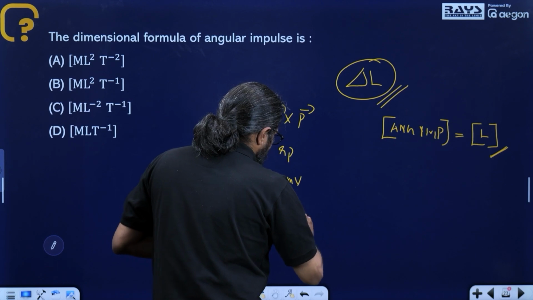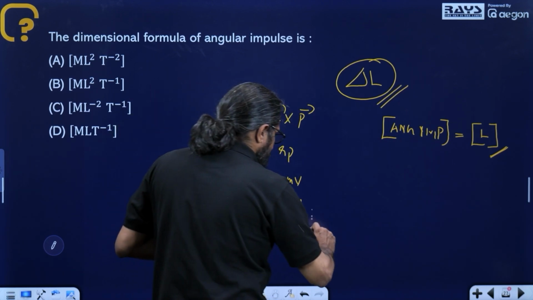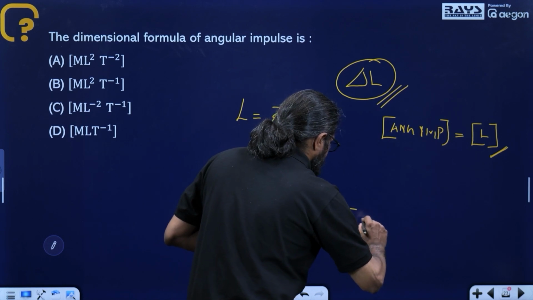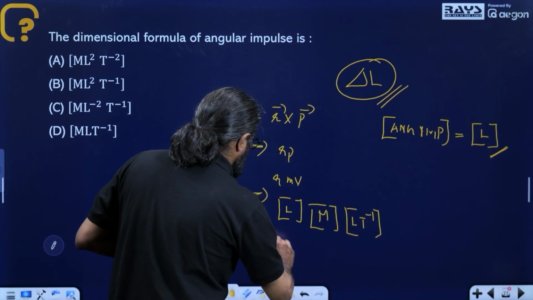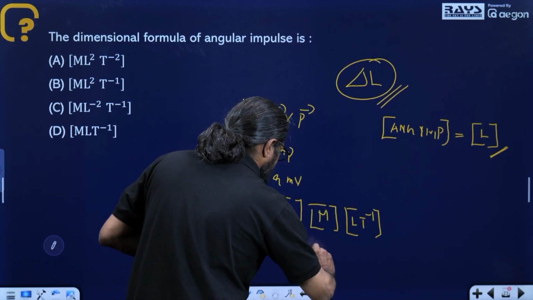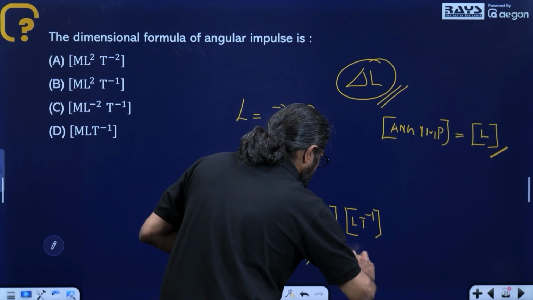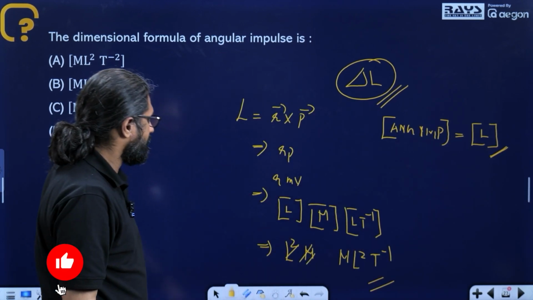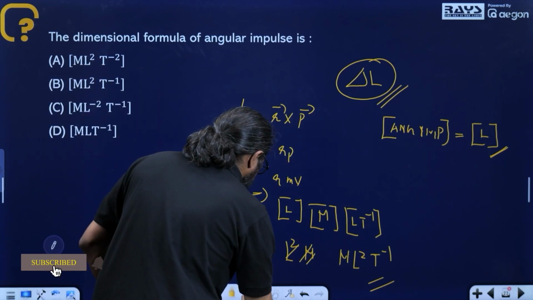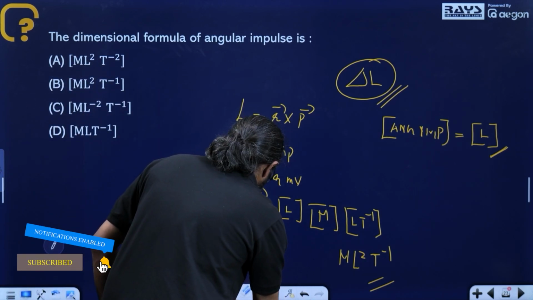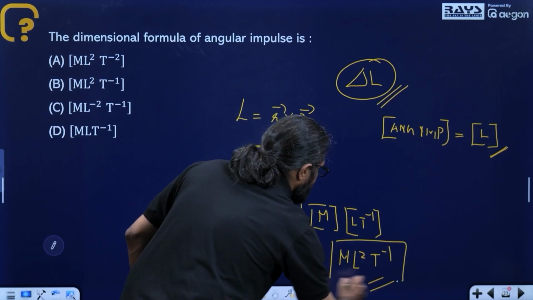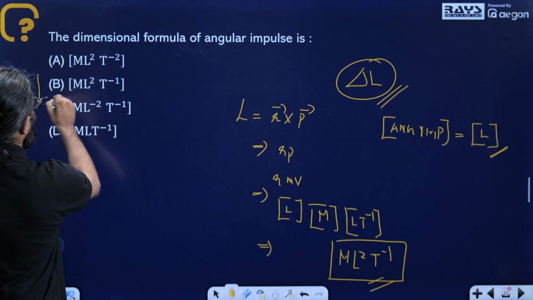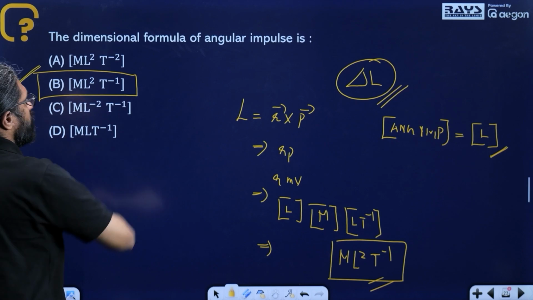This is L, dimensionally this is L, this is M, and this is LT raised to minus 1, which amounts to L square M, or M L square T raised to minus 1, is the final answer. M L square T raised to minus 1 is the final answer here. The option B is the right one.